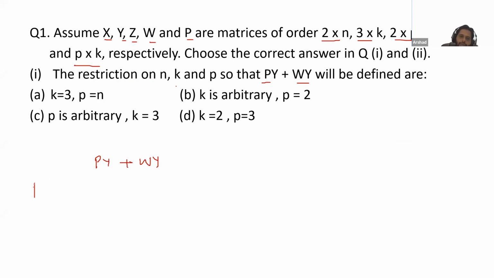If you check, what is the order of P? P is P by Q. What is the order of Y? Y is 2 by P. Plus, what is W? N by 3.